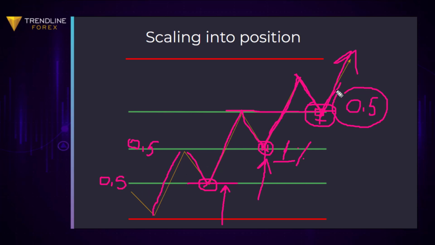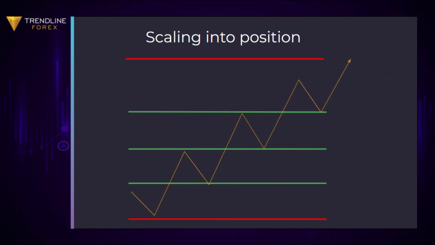Alright, if price eventually confirms your trading idea again, retests previous highs, and continues higher, you can move your stop loss on the second trade again into profit, and now you're 1% in profit. Okay, so a pretty decent way and a very profitable way as well if you know how to correctly add up to your position.